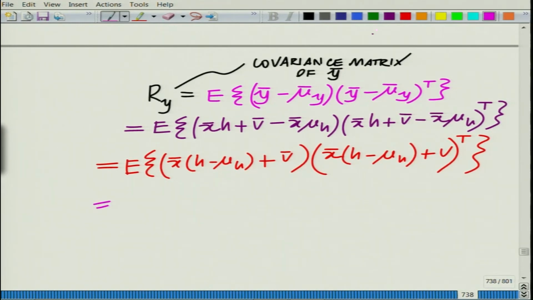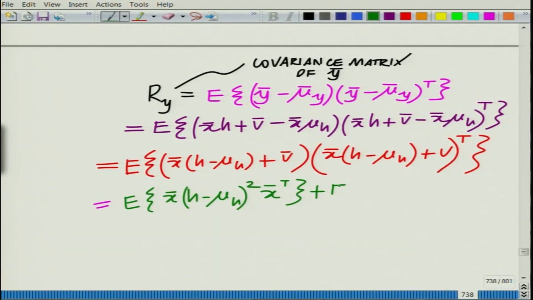If you simplify this, it is the expected value of x bar into H minus mu H. Of course, H minus mu H is a scalar quantity, so I can write it as H minus mu H squared times x bar transpose.